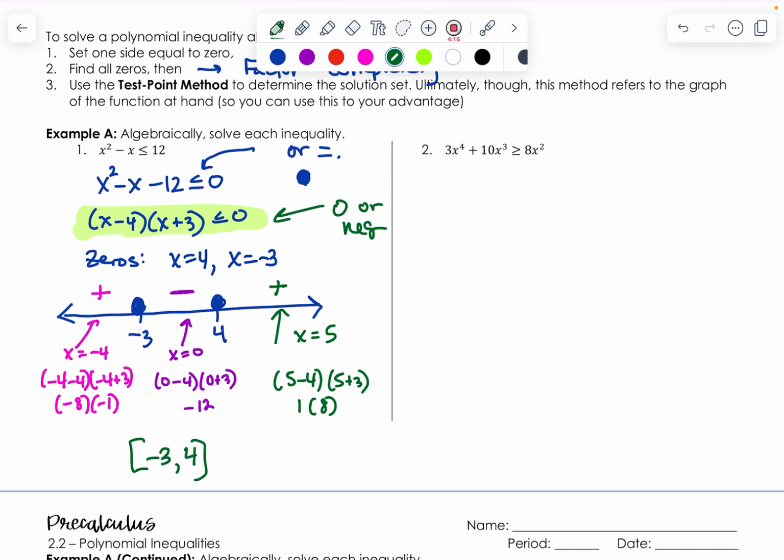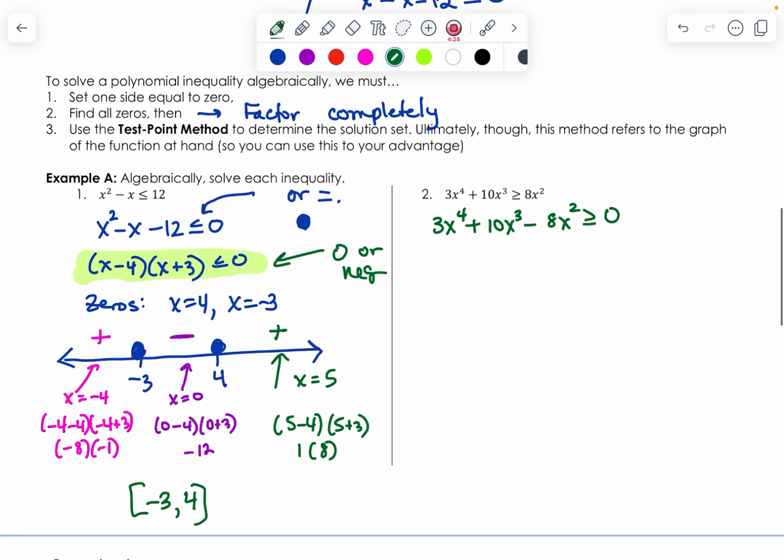Okay? So it just takes a little bit of getting the hang of it. So number 2, I'm going to subtract the 8x squared. And now you're going to factor. So you want to start with your GCF. Okay, so I had a GCF of x squared. And now I'm going to factor that.